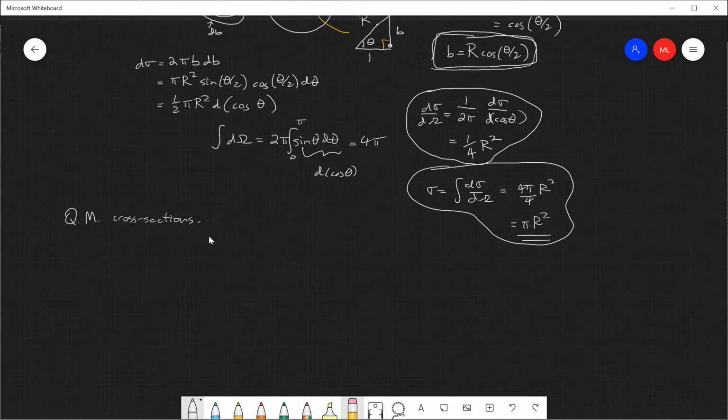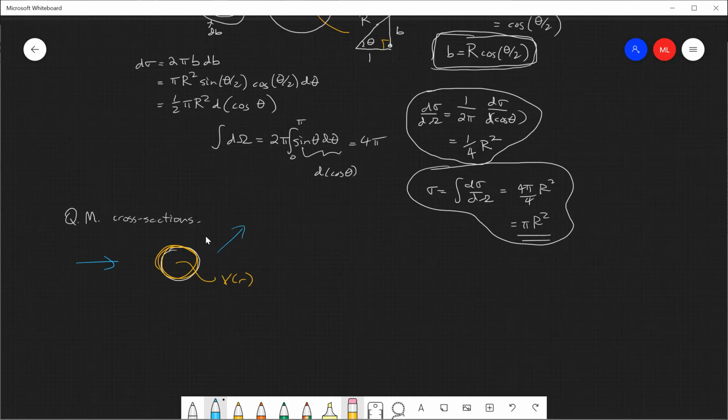The kinds of problems we'll be worried about are where the target is kind of like a large stationary target, described by some spherically symmetric potential V of r. That's what really is going to concern us for the most part. We're going to be worried about the solution as it interacts with some region described by a spherically symmetric potential.